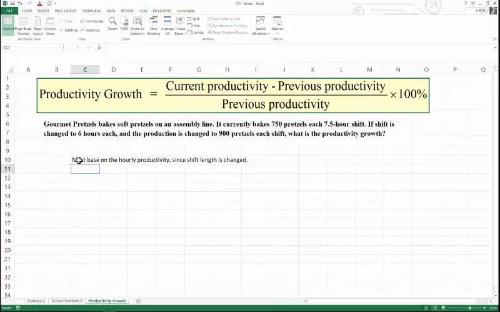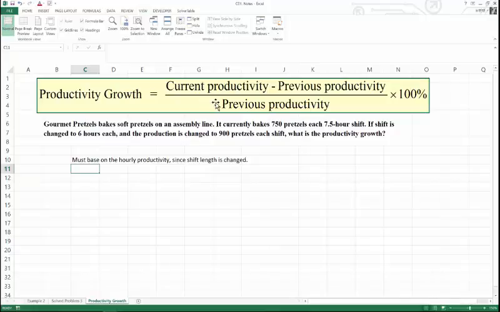Now, the second thing is in our calculation, we say current productivity minus previous productivity. Then in this setting, what is the current productivity? What is the previous productivity?